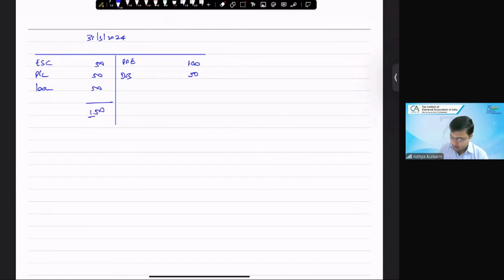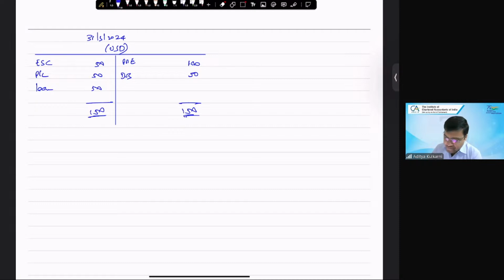So total is 150. So this is on the closing date and this is in US dollars. It is exactly the same. Whatever incomes I have earned, same expenses. So therefore, there is no impact on the P&L.